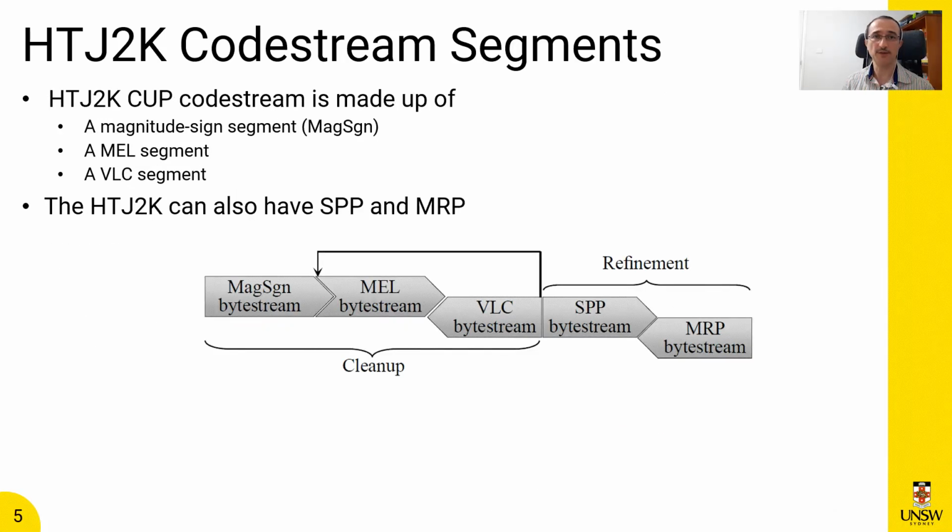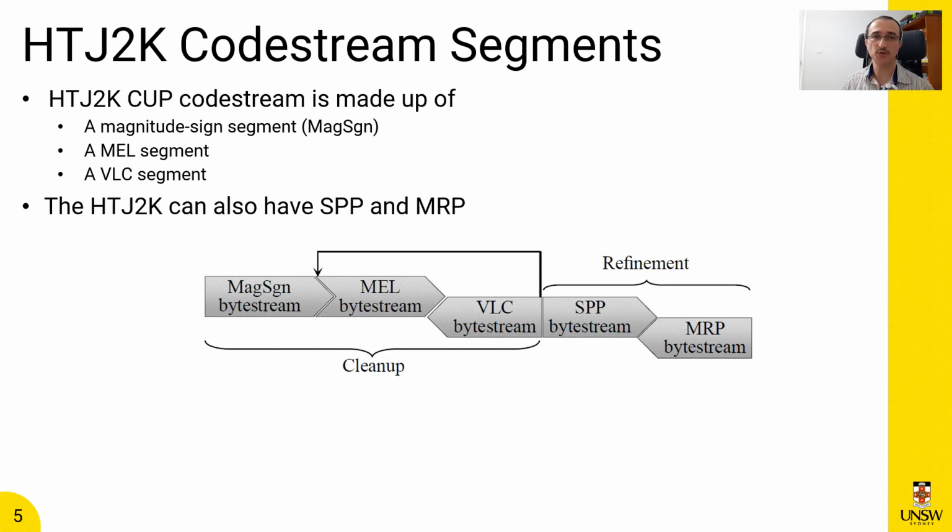The high-throughput JPEG 2000 cleanup pass is made up of a magnitude sign segment, a MEL segment, and a VLC segment. At the end of the cleanup pass, there is a pointer to the start of the MEL segment. The pointer is the total length of the MEL and VLC segments. In this work, the encoder doesn't produce significance propagation nor magnitude refinement passes.